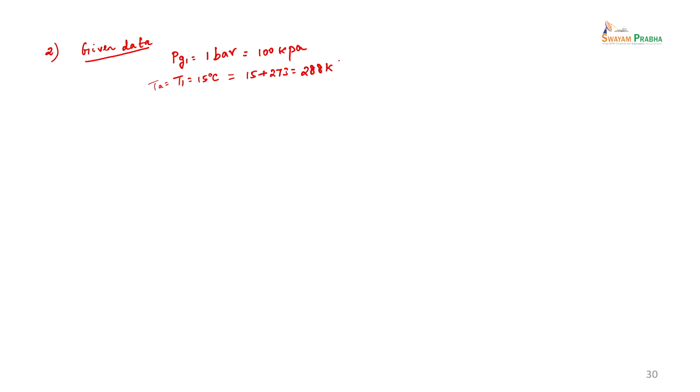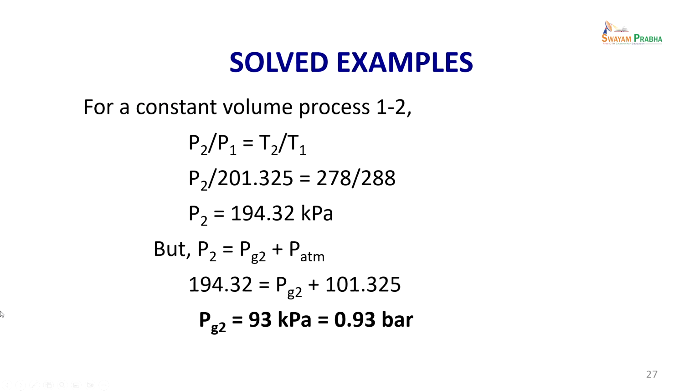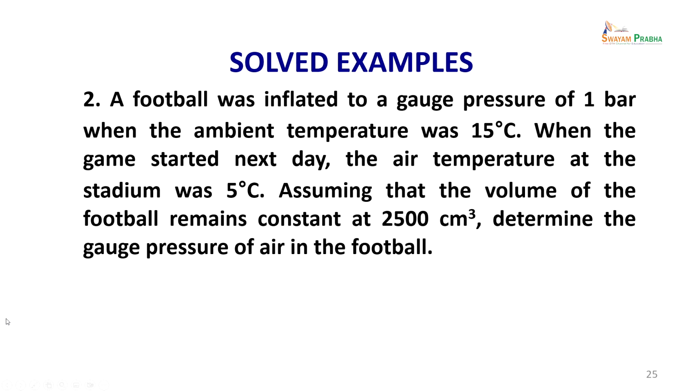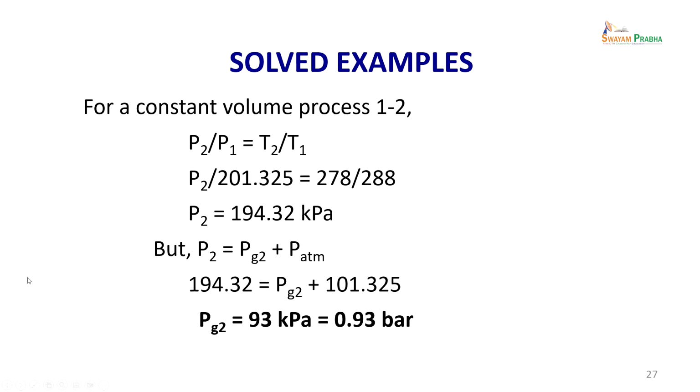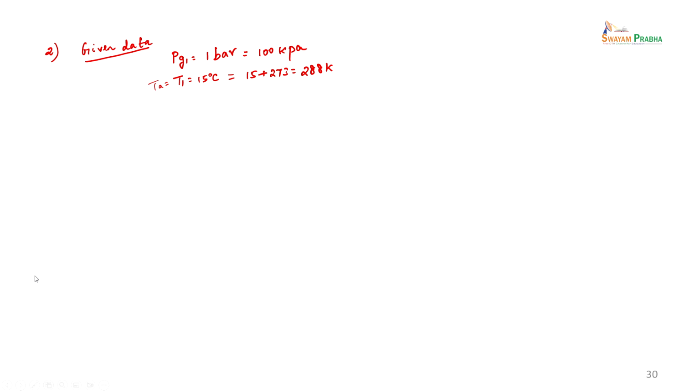This is T1. The temperature of the air at the stadium is 5 degrees centigrade. So, that is T2. T2 is equal to 5 degrees centigrade, and adding 273, it becomes 278 Kelvin.